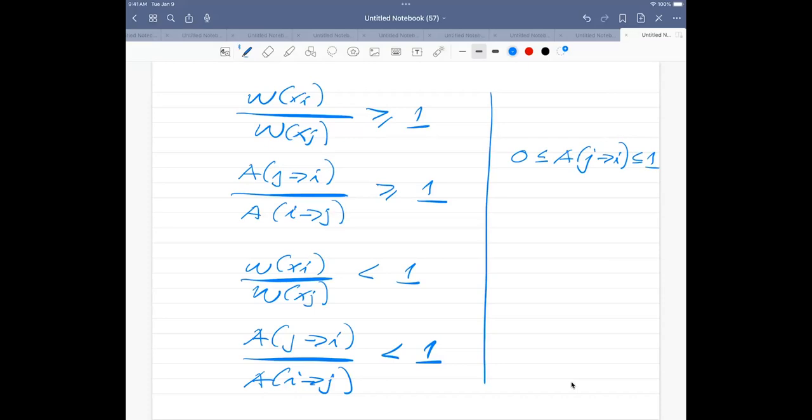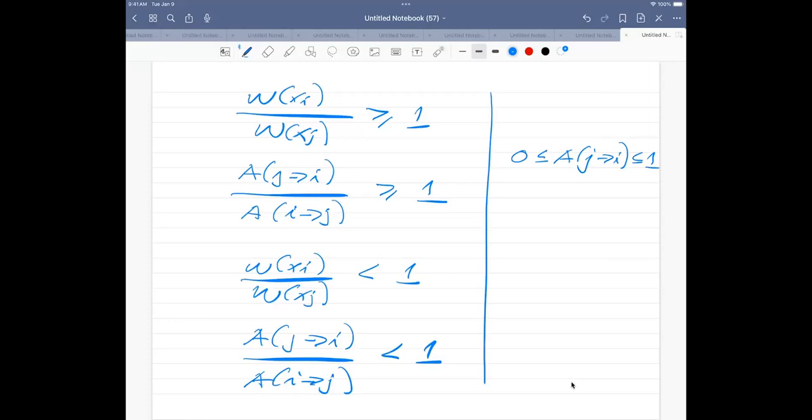So if you now think of going to a higher probability, what could be a natural choice for this quantity J to I? Because the thing we know is that A, from moving from J to I, is larger than that one, right? That's the only thing we know. Then we know that the largest value is 1.